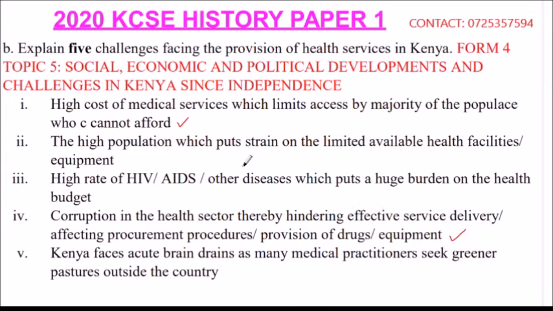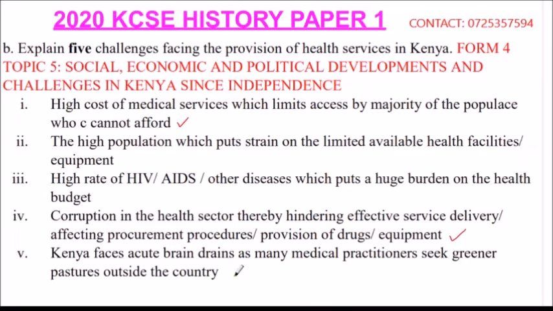So there is corruption in Kenya, and that is a main challenge. Some people would just corrupt the health sector, steal medicine. When given a contract to provide the services or medicine, they just don't supply anything, they steal. So that is also a challenge.